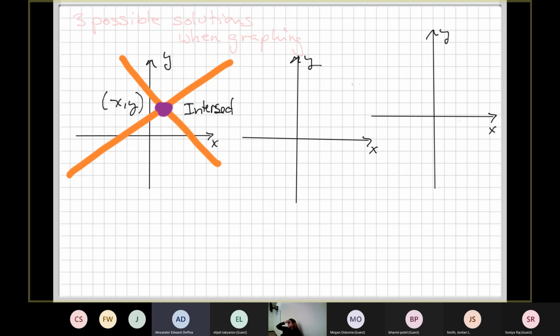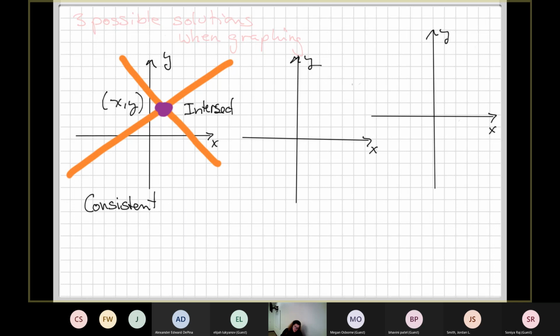These kinds of graphs are categorized into different groups: they're either consistent or inconsistent, dependent or independent, and all of this you have to memorize because you're going to be asked on a test. This first graph is consistent, and consistent means that there is a solution, be it one or many.